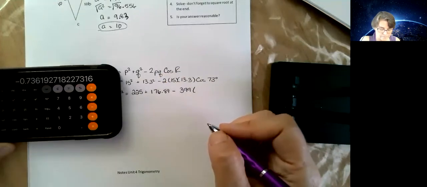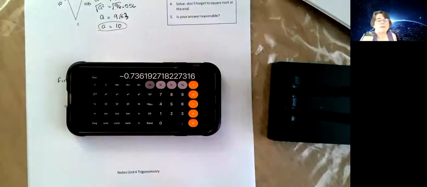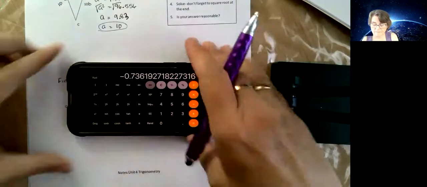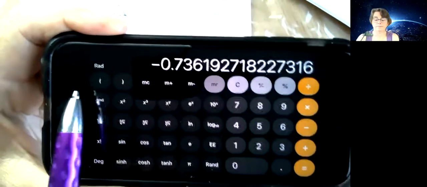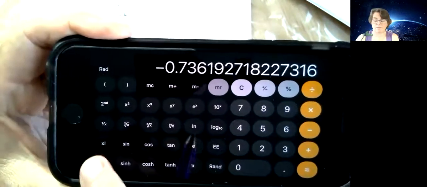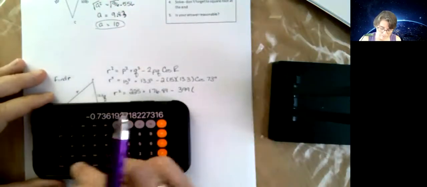Something went wrong. All right, you guys tell me what's wrong with my calculator. If you look up there, somehow it's not in degrees anymore, right? Now, here, let me show you.